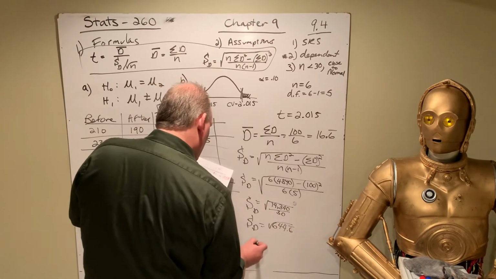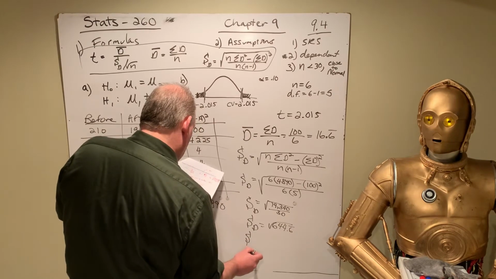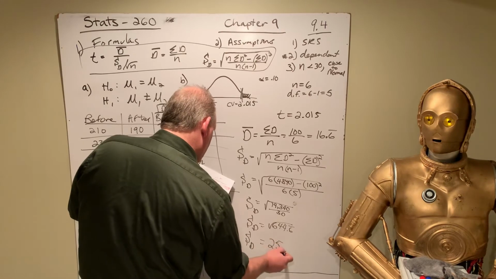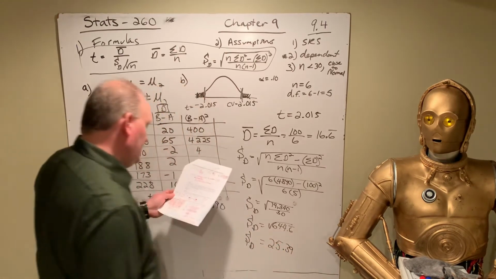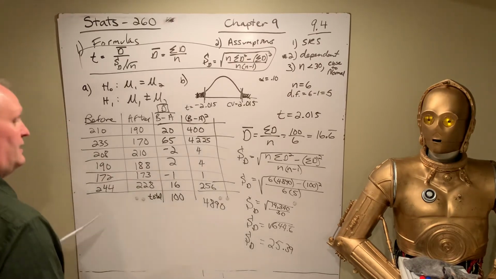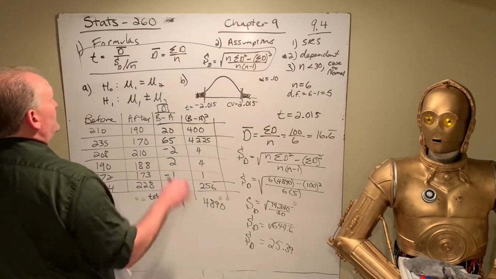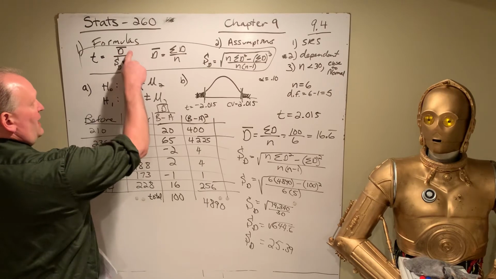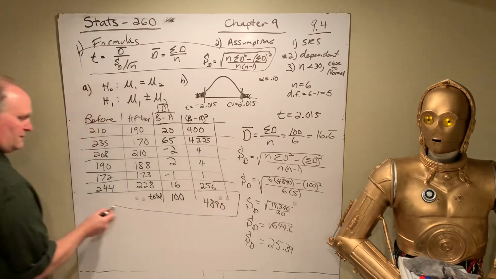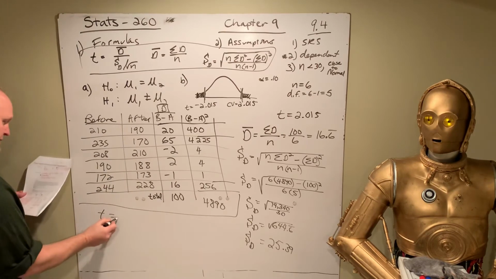And that is about, we'll go to hundredths place, 25.39. All right, so now we've got S sub D, we've got D bar, we've got N. So now we can find our T statistic.